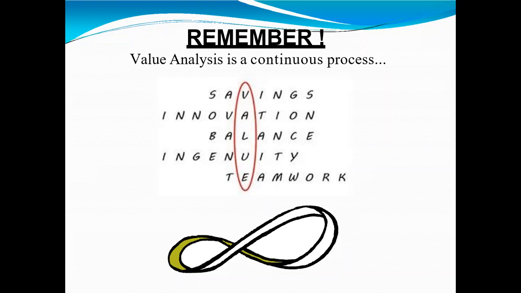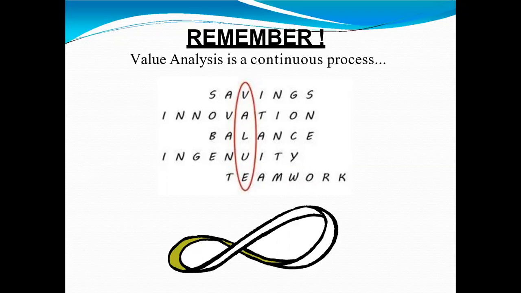If we are able to do it in this way, then each letter in these words gives you the value, and this value analysis can be done. So this is not a one-time process, this is a cyclic process.